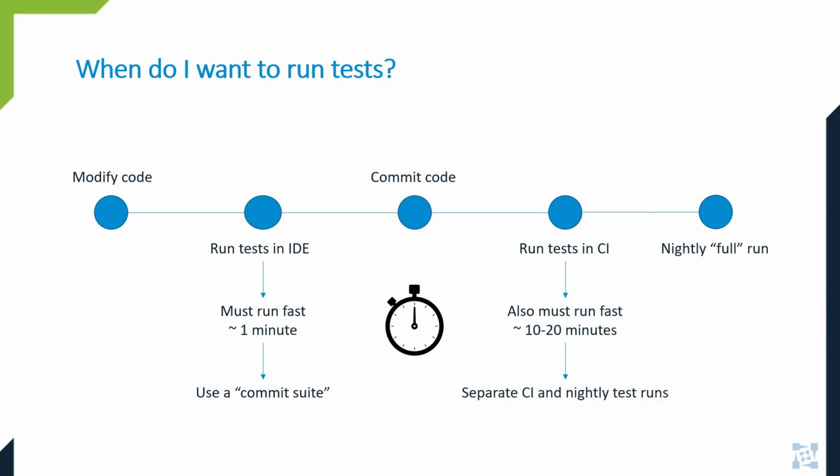And there you can make a separation between the nightly full run, where you say, let's execute the complete set of unit tests, which can take a long time for big projects like ours, and a separate run within your CI/CD pipeline.